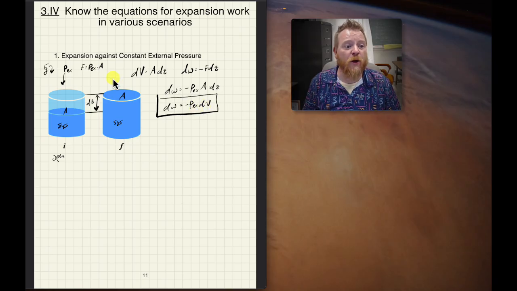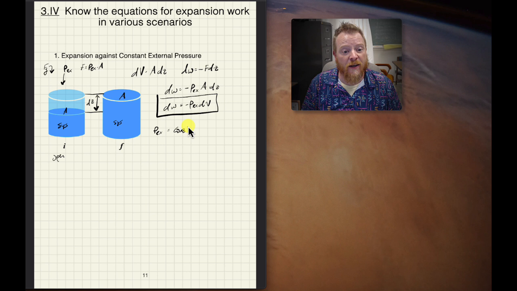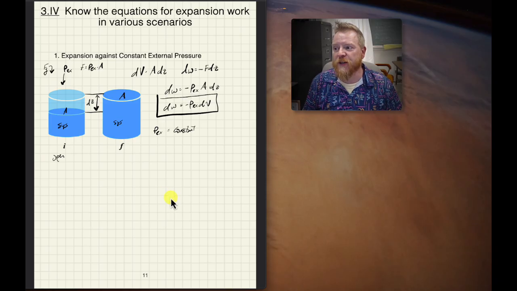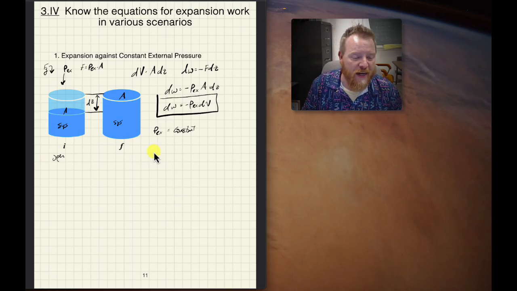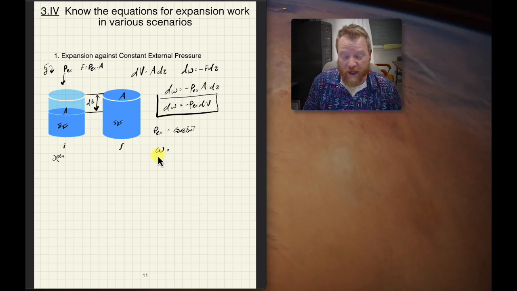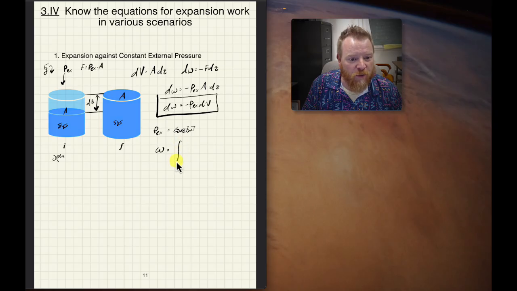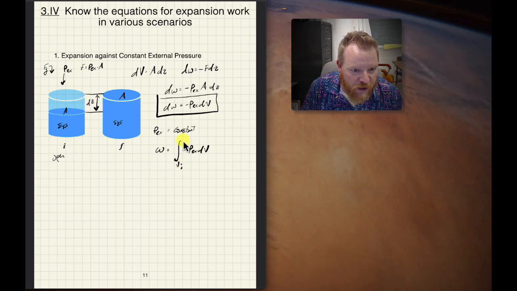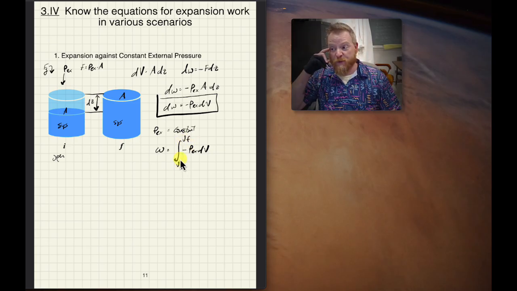And it's important to note that because here P external is constant, this influences our path function. So in other words, we can say now that work, so if I integrate dw, I get w, and then now I've got to integrate this thing, so we'll write the integral of negative Pex dV, and we're going to integrate that from the initial volume to the final volume.